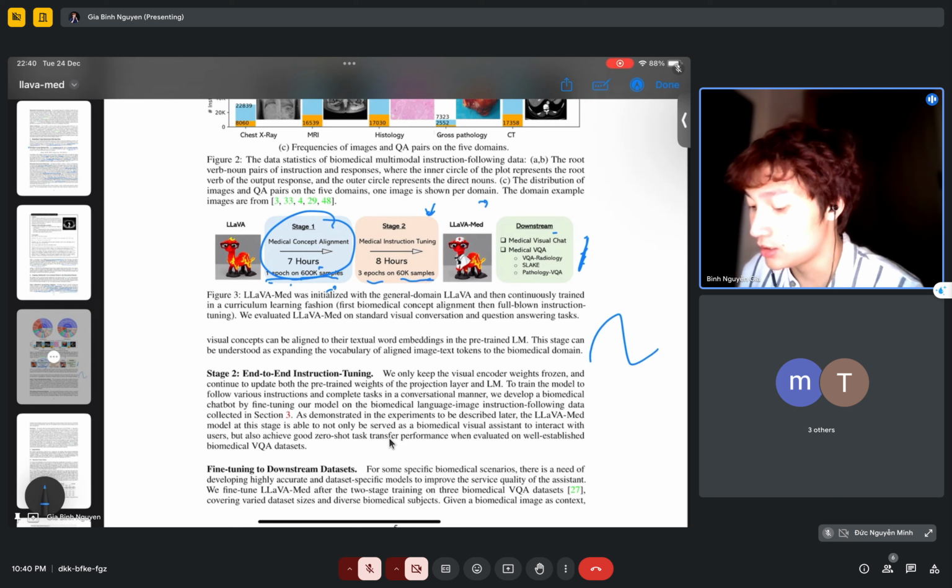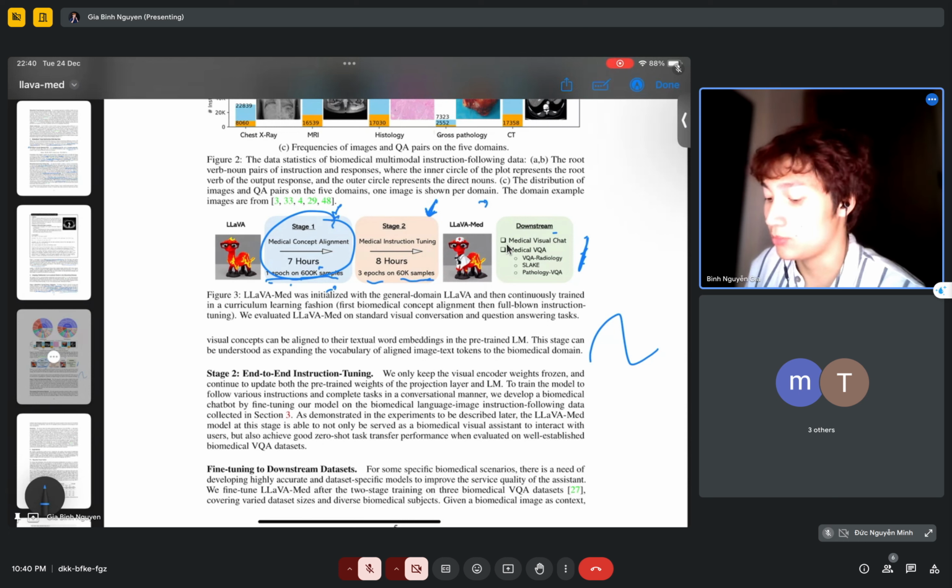The objective of the model is to answer questions related to medical tasks, when step 1 is just about image captioning and focus on medical domain.